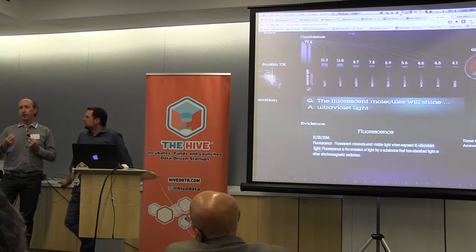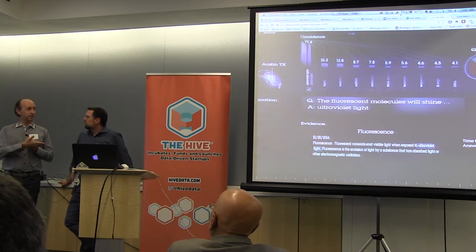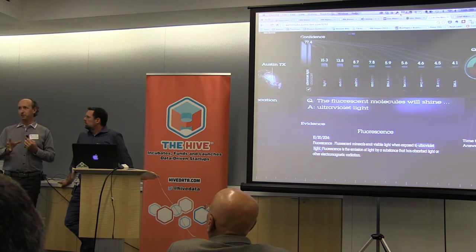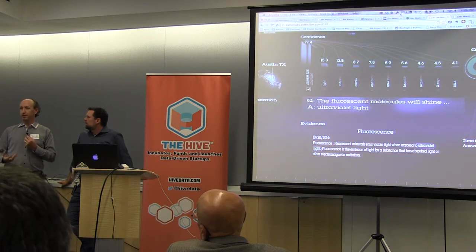The way it extracts information is it reads the single sentence or multiple sentences that you provided. It'll use natural language processing to process those, and it starts sorting through the corpus, looking for answers.